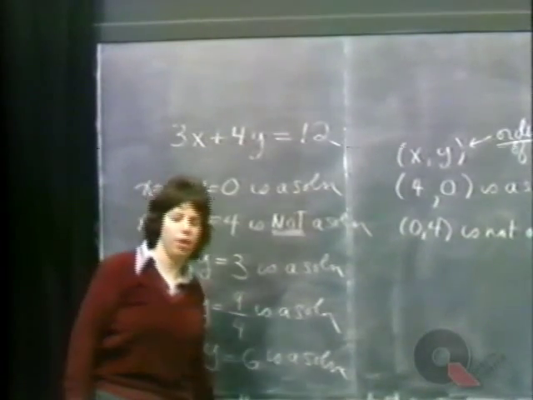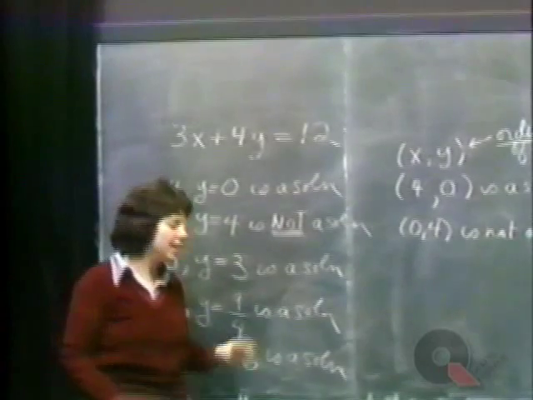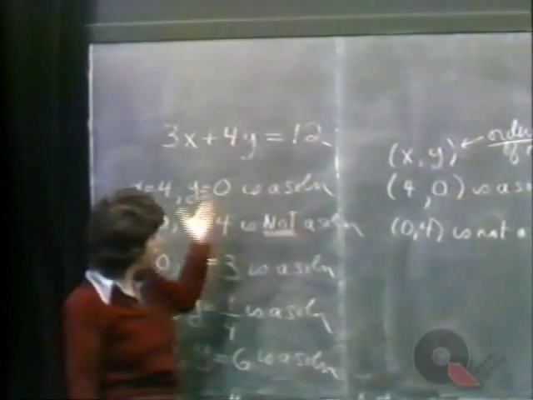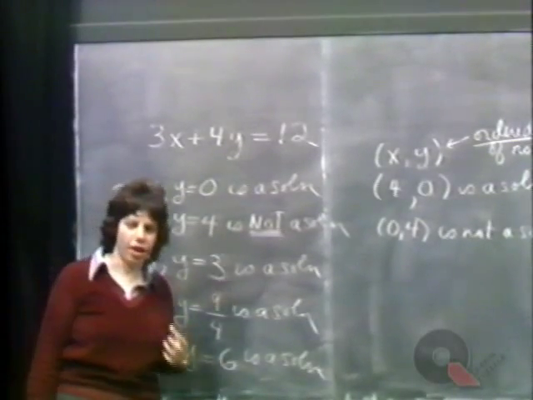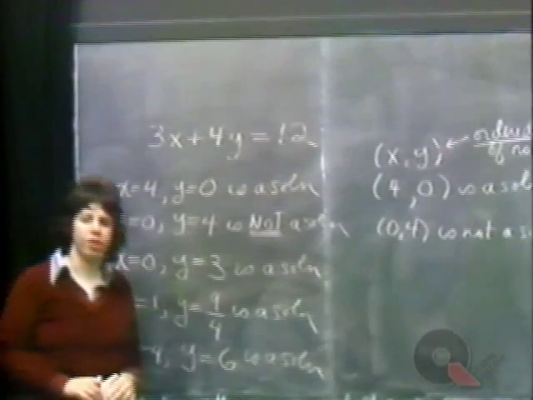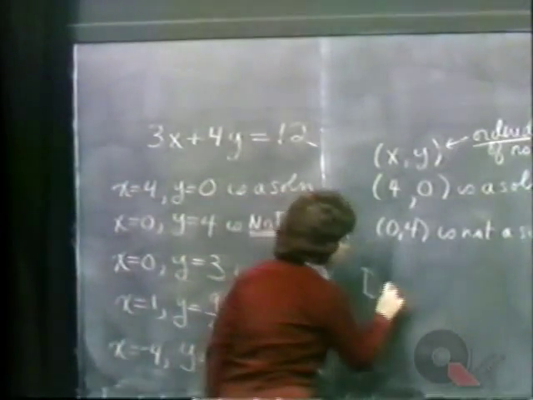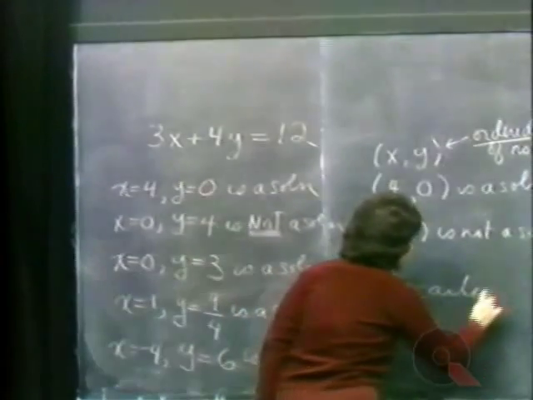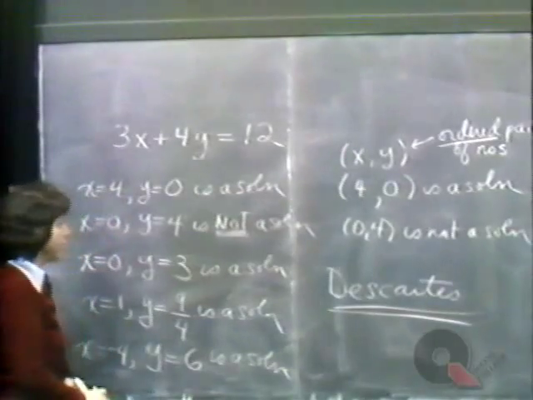Since we can't list them all, it would be helpful to have some way of picturing this. We can't list all the solutions to the equation, so we'd like to be able to at least draw a picture of the solutions. In the 17th century, a French mathematician and philosopher named Descartes developed a very clever way of forming such a picture.